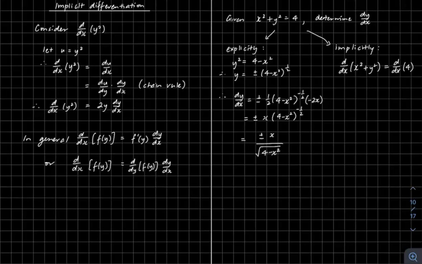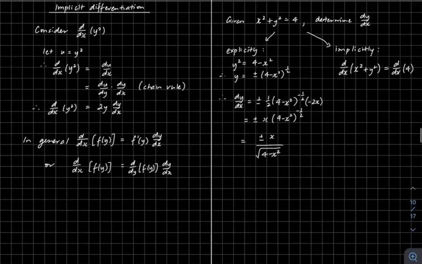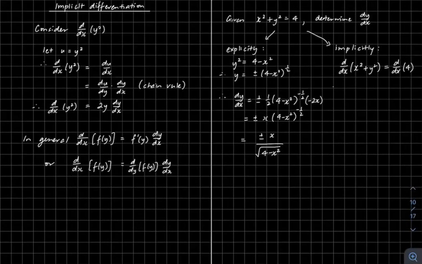Whatever we do to one side of the equation, we do the same to the other side, and it remains equal. I could split this up a little bit further to say the derivative of x squared plus the derivative with respect to x of y squared.